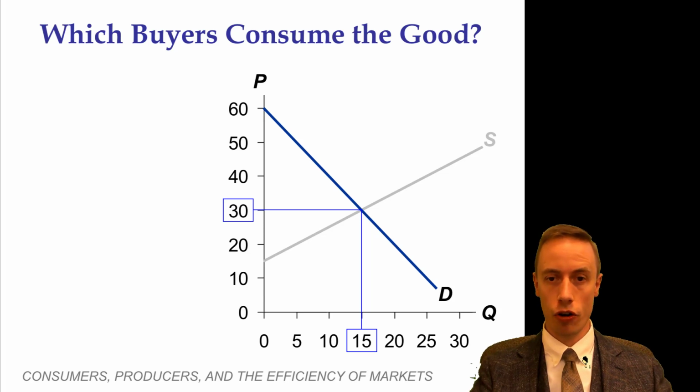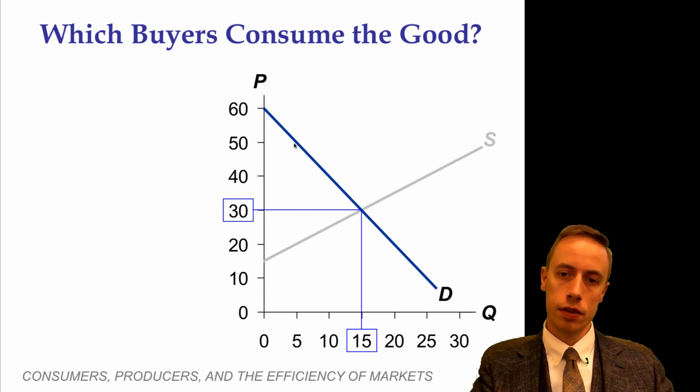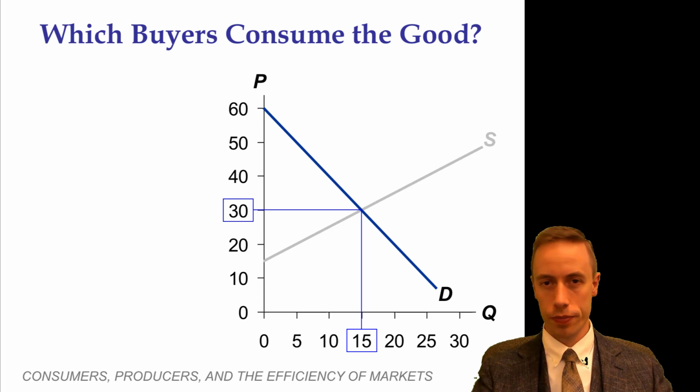So this demand curve represents for each of the shoes what that shoe would be worth to that consumer. For example, if I want to answer the question, what is the worth of shoe number 5? I can look at the demand curve and see that the consumer who buys shoe number 5 values it at $50.